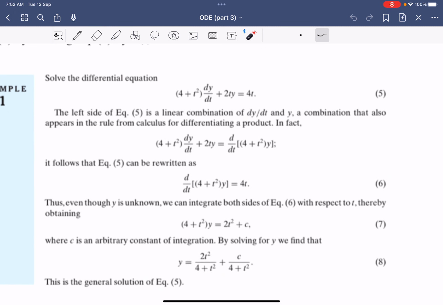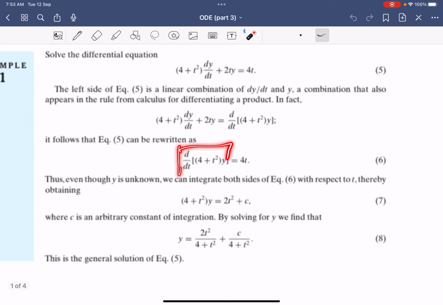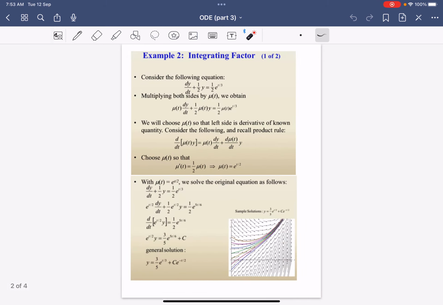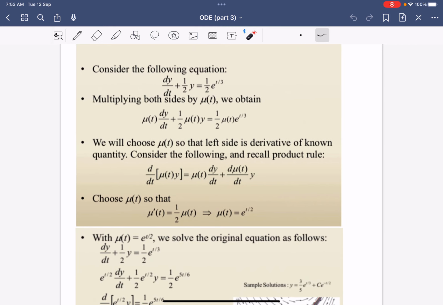What we try to achieve is this left hand side, because it has dy/dt and it has a y here. In a sense, you're using the product rule to differentiate y first, then later you differentiate the t term. So then you can write it as a single derivative of some function. That's the idea.